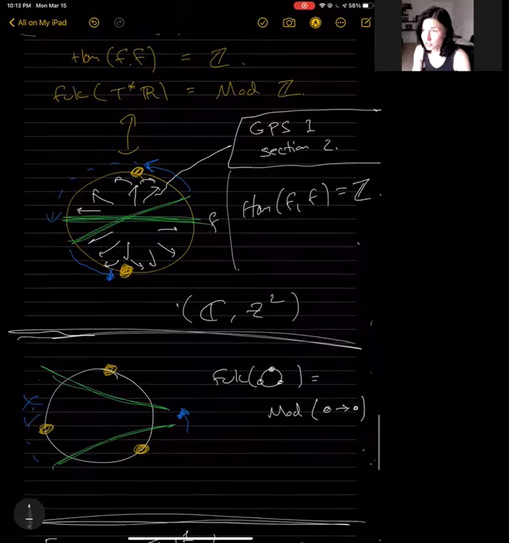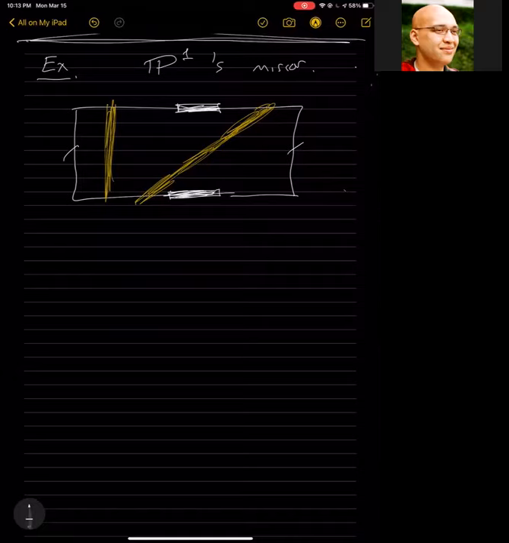Okay. So let me just do this example of P1's mirror. What you're supposed to see from this picture is that I've taken 2 copies of this disk with 3 stops and glued them together along 2 of the stops. And if you look a bit more carefully, that gluing identifies those 2 Lagrangians that are next to each other.